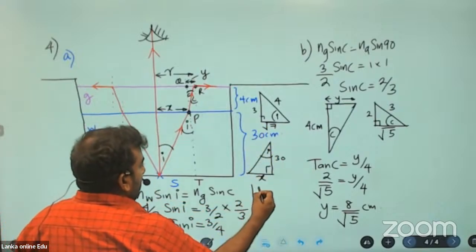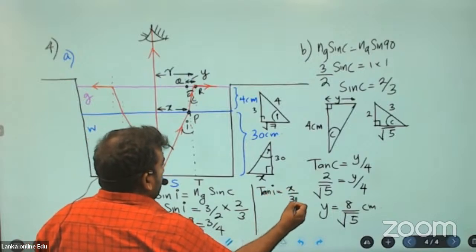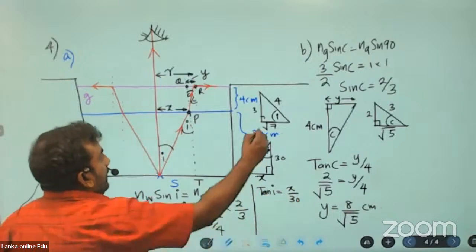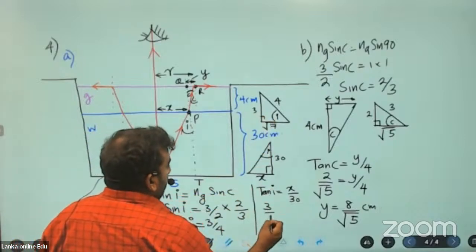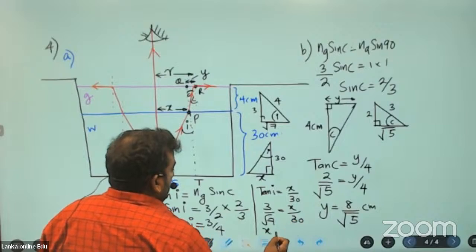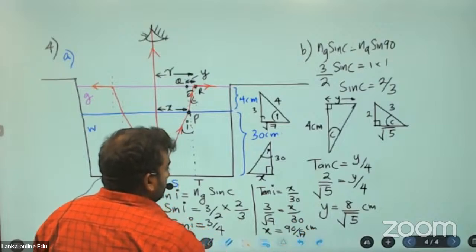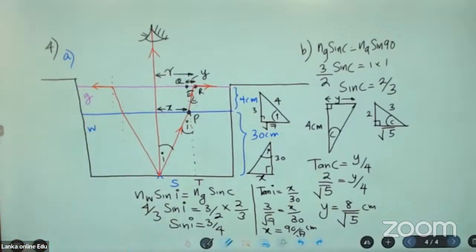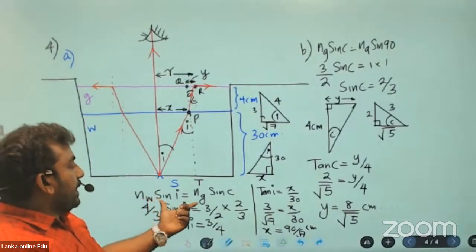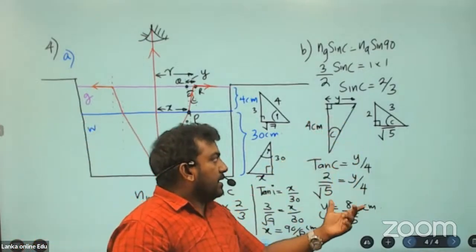From this you can say tan I is equal to opposite over adjacent. Tan I is 3 over root 7, X over 30. X equals 90 over root 7 centimeters. So here we have found X separately, and we have found Y separately.